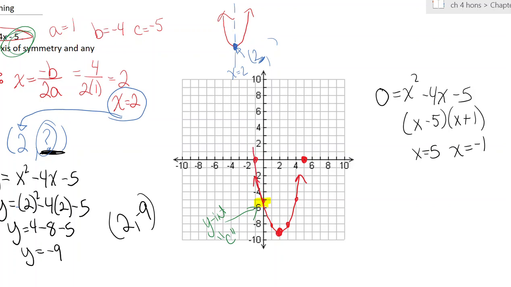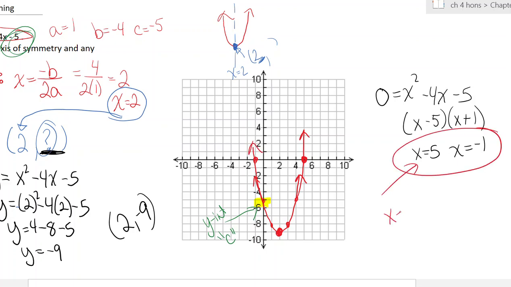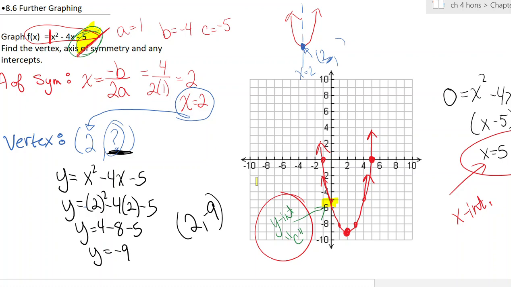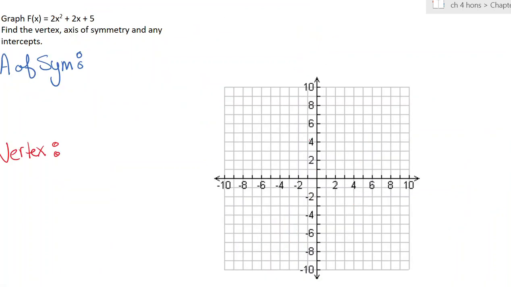If we were to continue these graphs, you would notice that it hits right through that. So again, different ways we can find different points. These are the x-intercepts. This is the y-intercept, which is from c back here at the top left corner. See me highlighting it. And I can use these formulas of axis of symmetry and vertex.